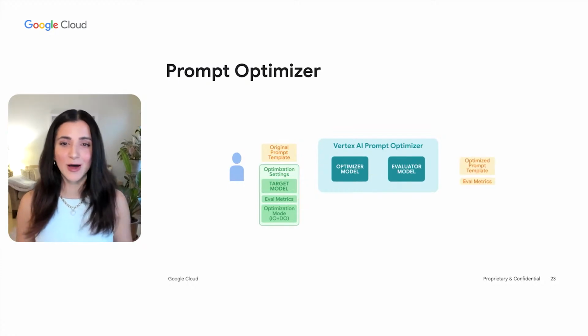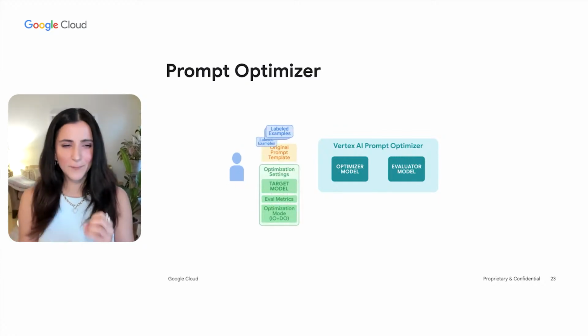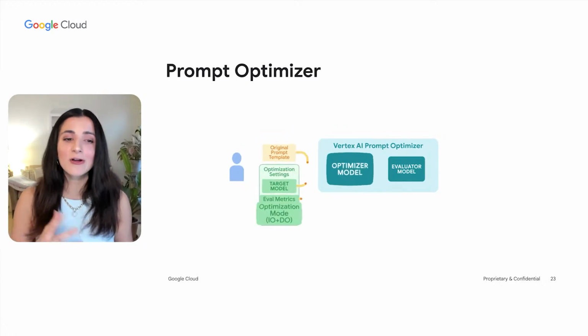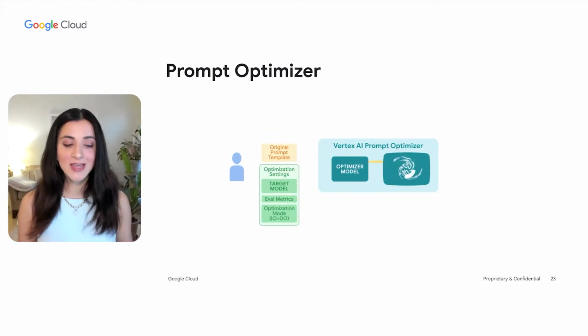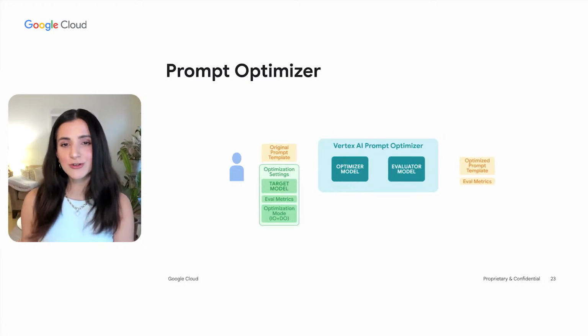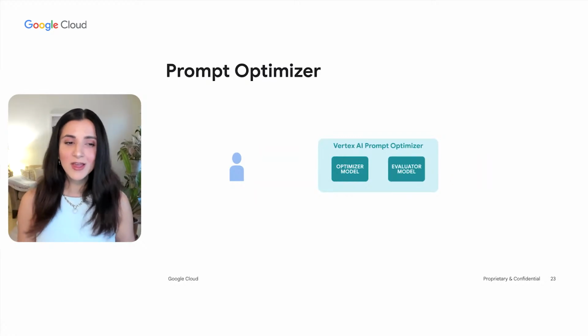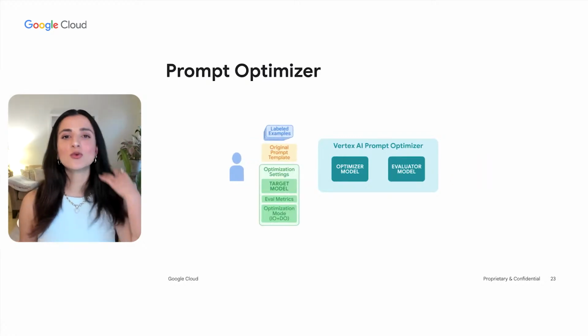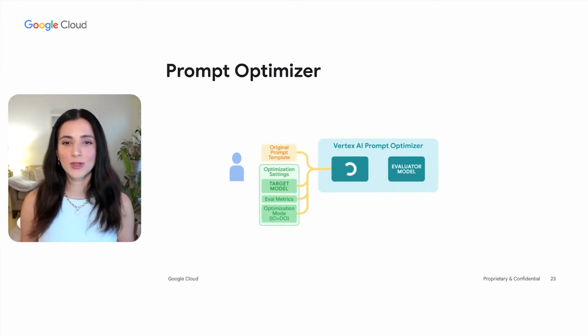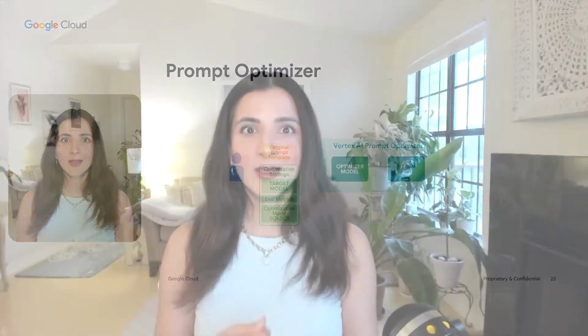It's really hard to keep up with them. You might have found this perfect prompt that works with one particular model, but now the state of the art has changed again. And when you move that prompt over to your new model, it doesn't work quite as well. The Prompt Optimizer is a tool that can be really useful in helping you to rewrite that prompt in an optimized fashion to work with the new model.